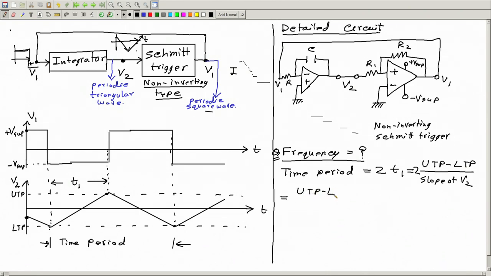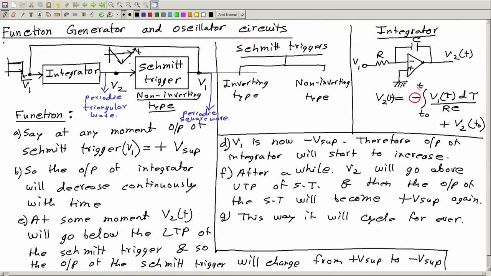UTP minus LTP is also the hysteresis band of the Schmitt trigger, 2 divided by the slope of V2. Now how much is the slope of this integrator? If you go back, you can see this is the equation at which V2 changes. So the rate of change of V2 is just this, V1 by RC.